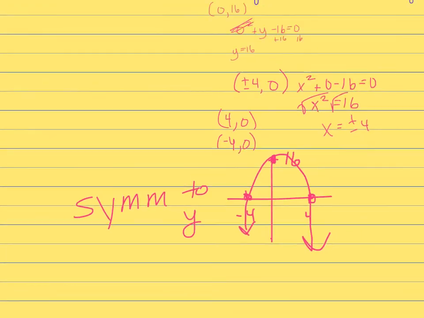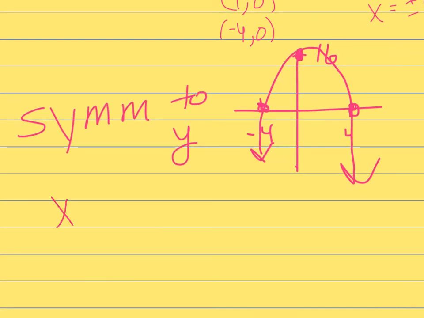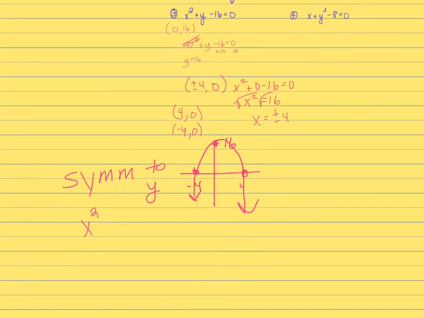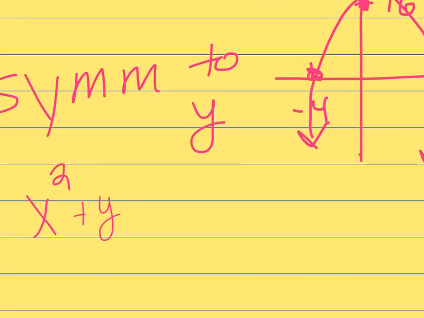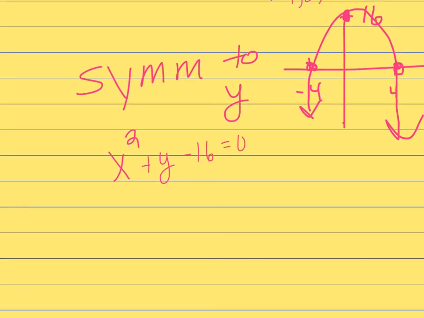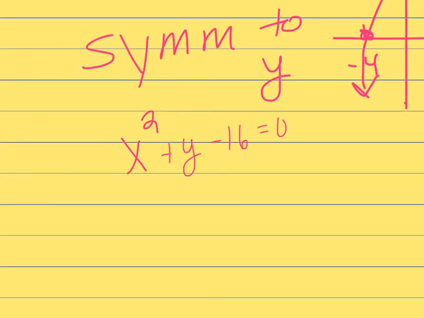All right, so my original equation is x squared plus y minus 16 equals 0, correct? Now, in order to find symmetry to an axis, you have to plug in either an opposite number or we can use letters. If I want to find symmetry to the y, that means I have to plug in something negative for the x. So if I plug in negative x here, it's always the opposite.